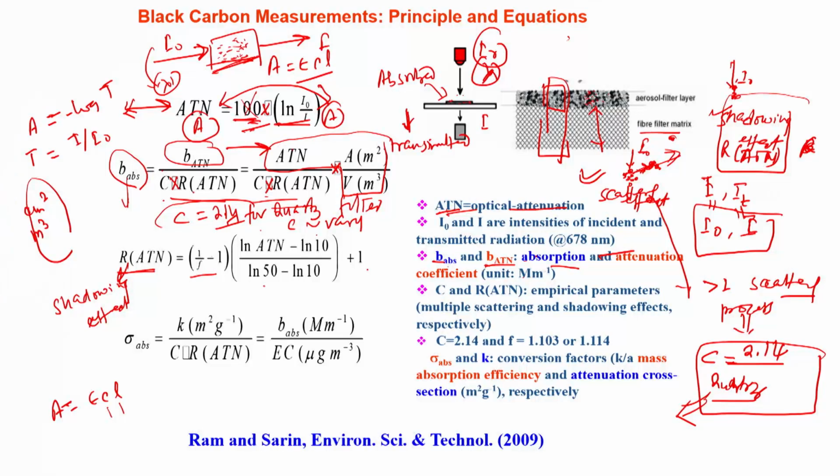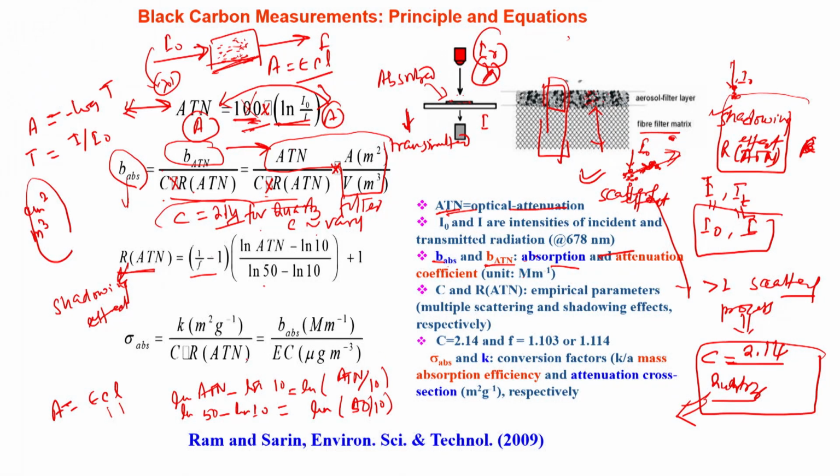Now if you just remember these equations, ln ATN minus ln 10 can be written as ln of ATN upon 10, and ln 50 minus ln 10 can be written as ln of 50 upon 10.